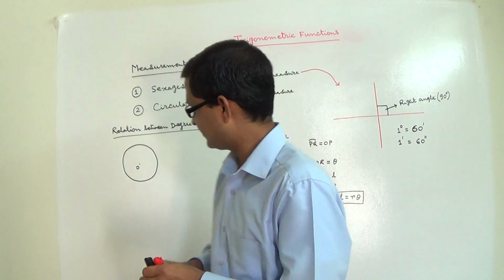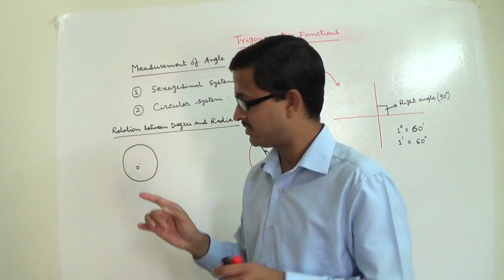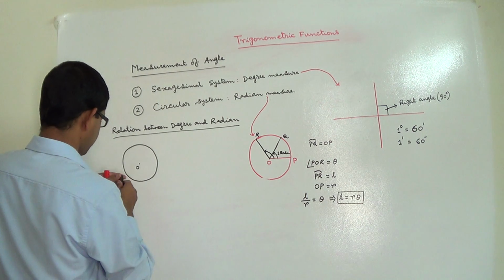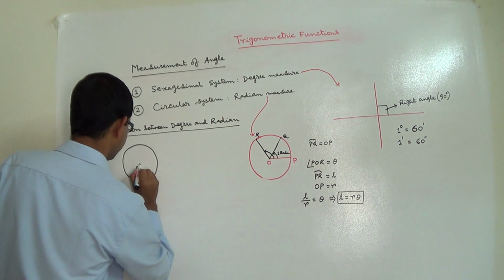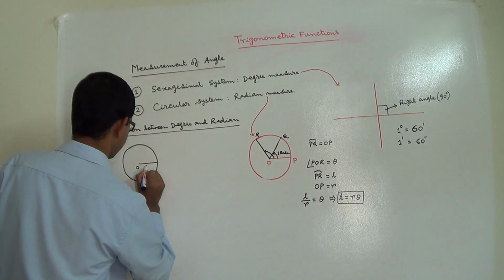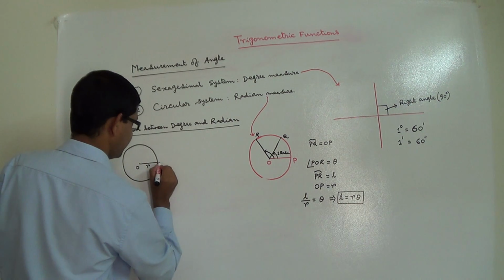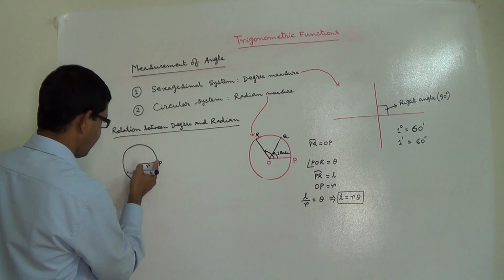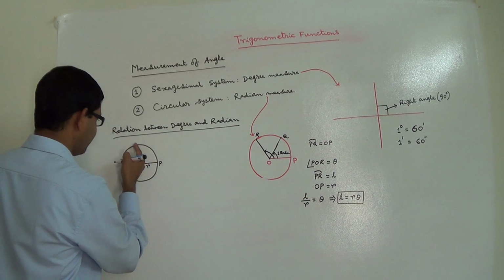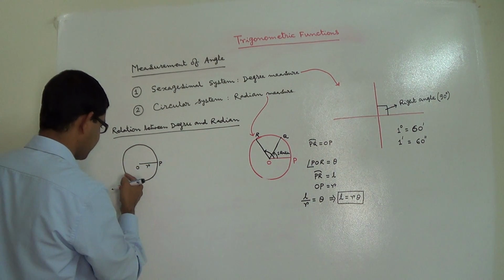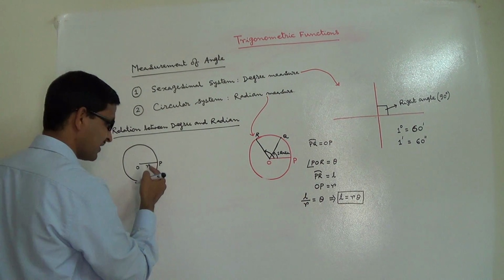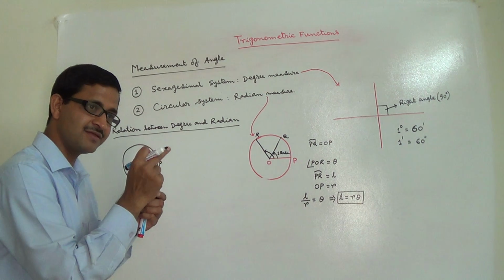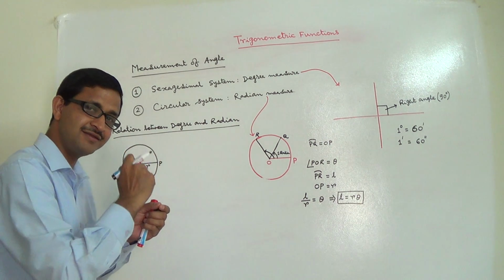So if the circle has radius r and its initial point is P here, and the point P moves along the circumference of the circle and comes to the point P again, then what is the arc length it has traversed?